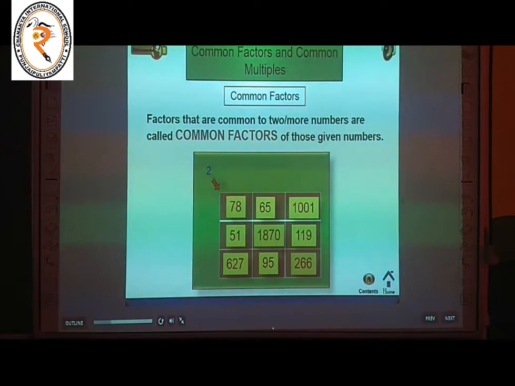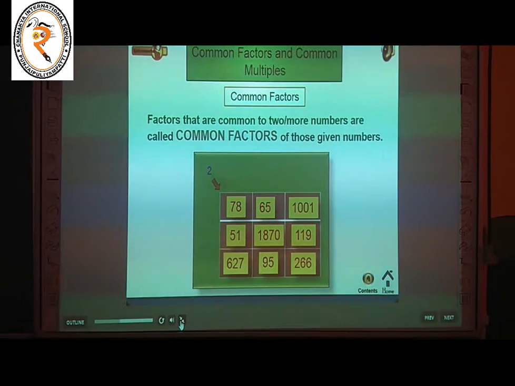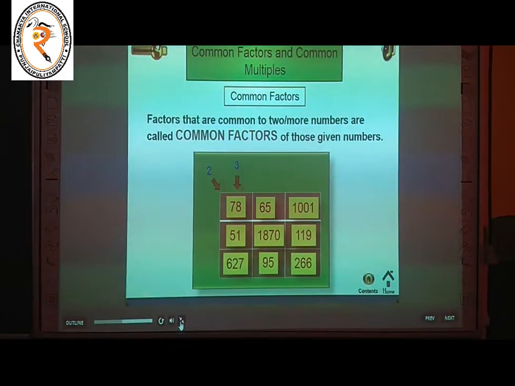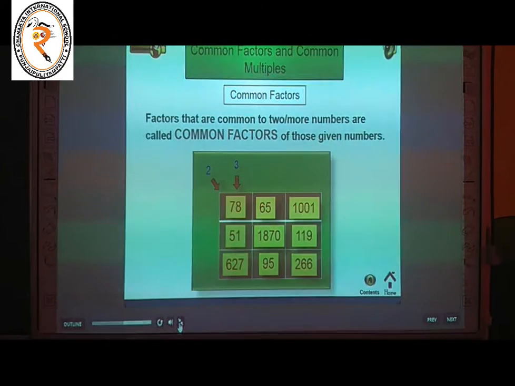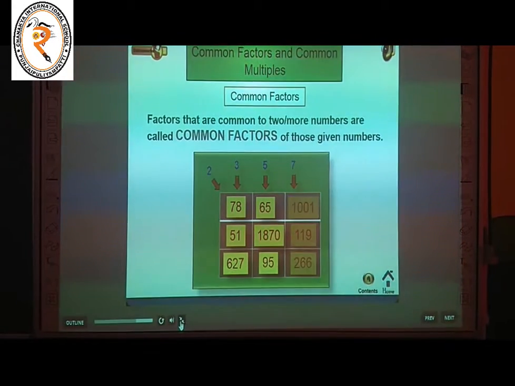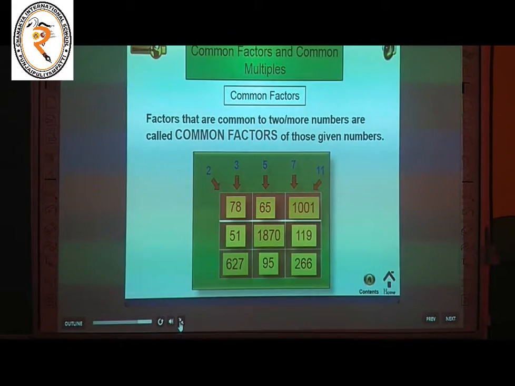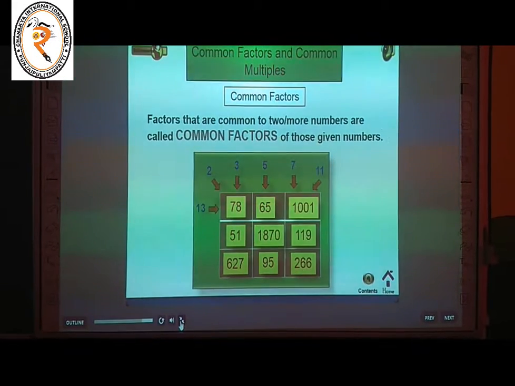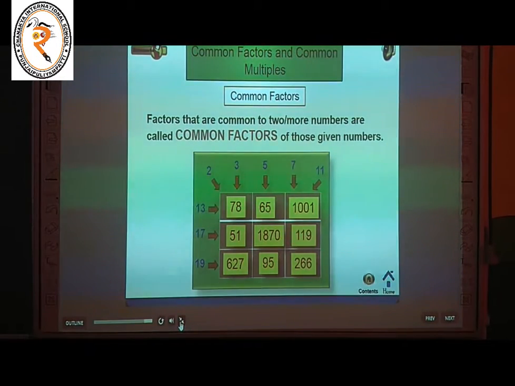Here, 2 is the common factor of the numbers 78, 1870 and 266. Also, 3 is a common factor of the numbers in the first column, 5 is a common factor of the numbers in the second column, and 7 is a common factor of the numbers in the third column. In a similar way, 13, 17 and 19 are the common factors of the numbers in the first, second and third row respectively.